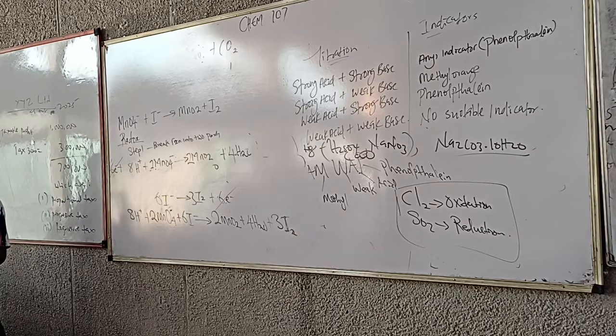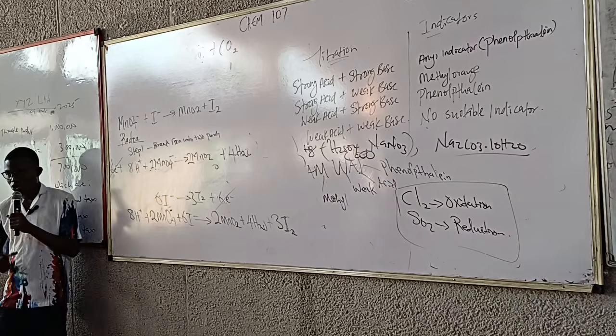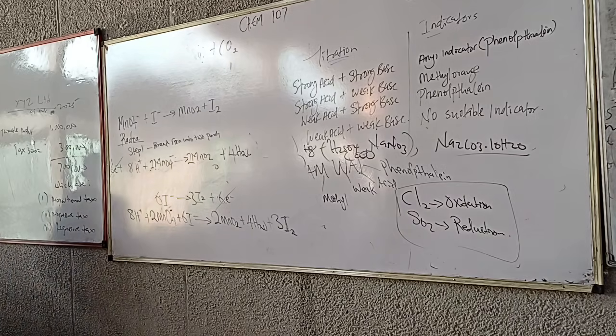Are you following? So in basic medium, what you need to do is, after finding the equation in acidic medium, look at the hydrogen ion. Ask yourself, how many hydrogen ions do I have? In my reaction it is 8, meaning I'm going to introduce 8 hydroxide ions.